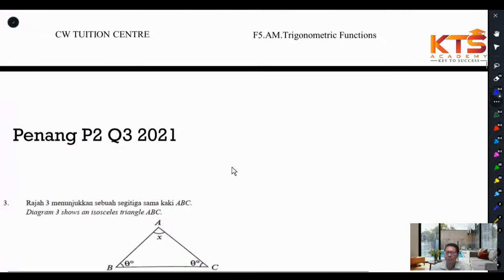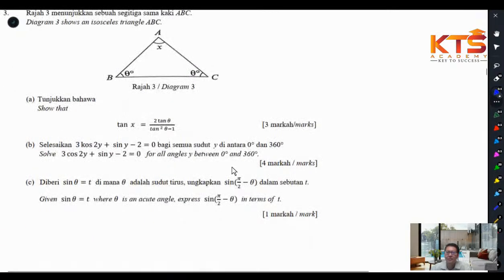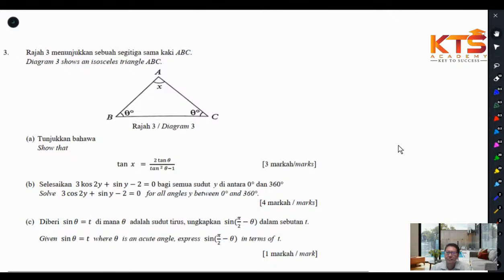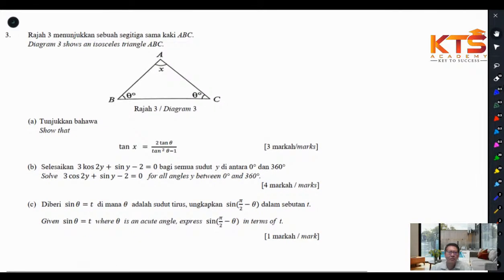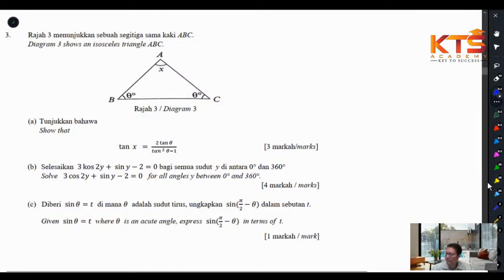This is Penang, paper 2. Question number 3. Show that tangent X equals to... 3 marks for this one.